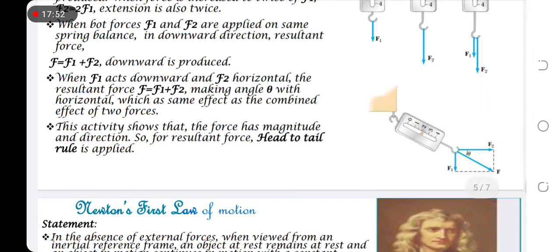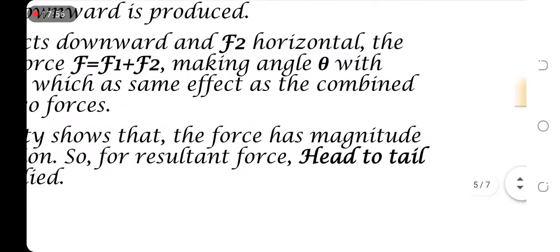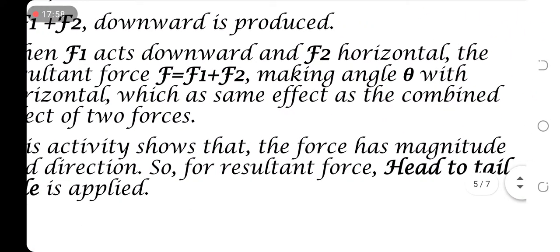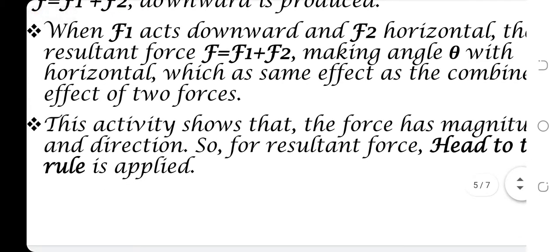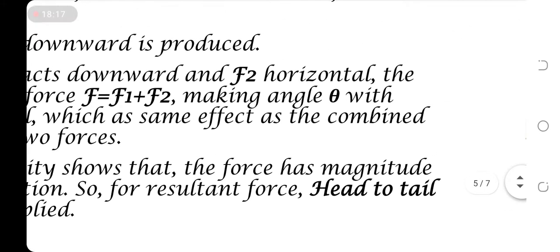Now, F1 acts downward and F2 acts horizontally. The resultant force again can be written with the same formula. F is equal to F1 plus F2. But F makes an angle theta with the horizontal, which has the same effect as the combined effect of two forces.